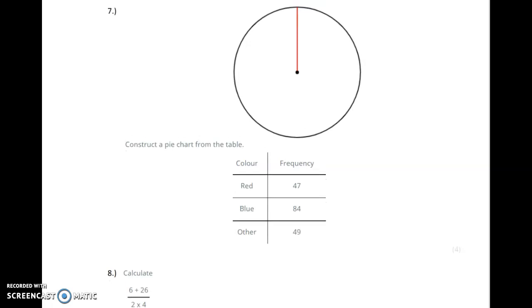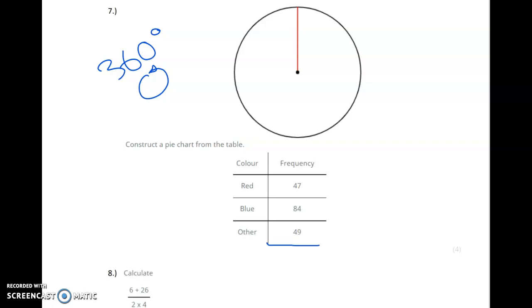It says construct a pie chart from the table. So we're going to draw all the segments, or should I say sectors, around there. They've got to add up to 360 degrees, because it's 360 degrees around a circle. So what we do is add up all these numbers. 47 plus 84 plus 49.